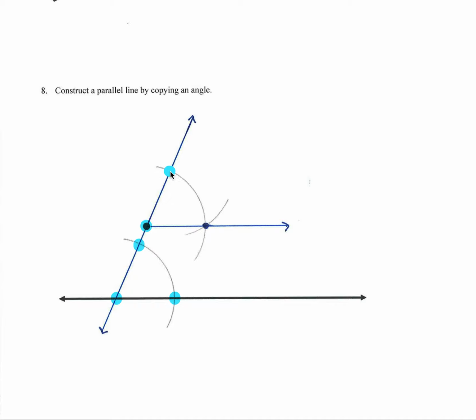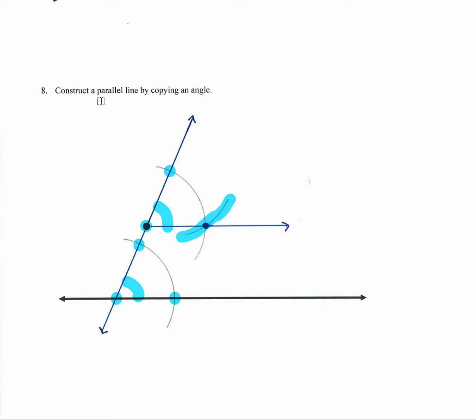Well, all I do is put the sharp end there and go with that guy. And then it's the exact same thing. This distance and that distance are the same. So that forces this angle to be the same as that angle. And then I can connect the dots. And I guarantee then the blue line is for sure parallel, same slope, to the black line.